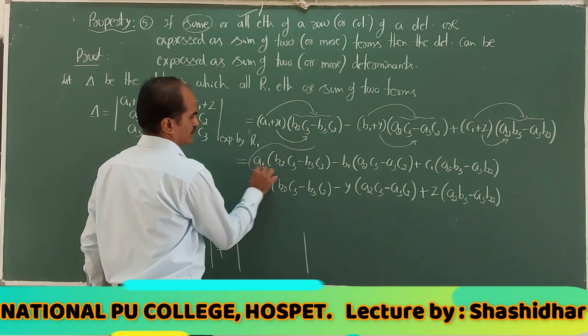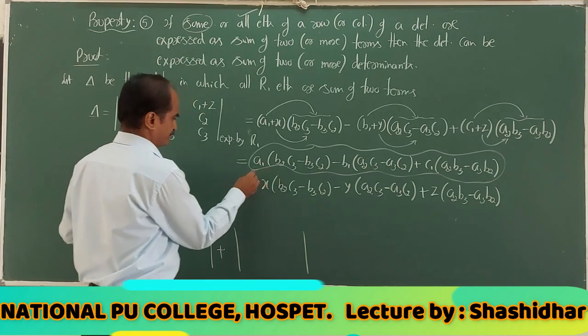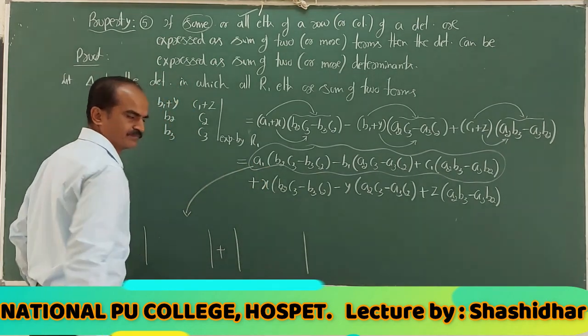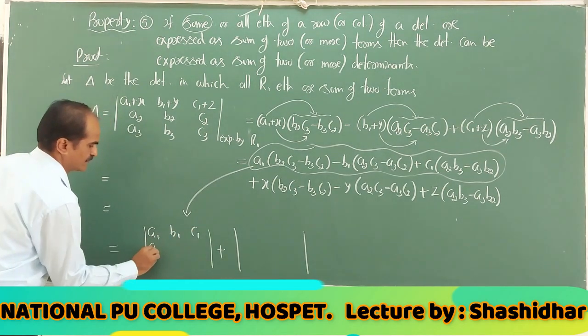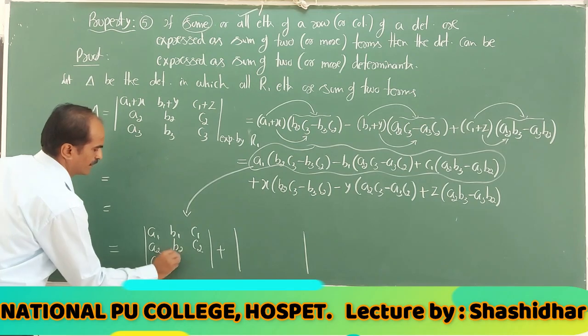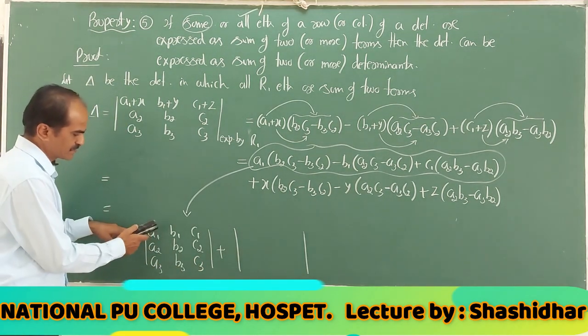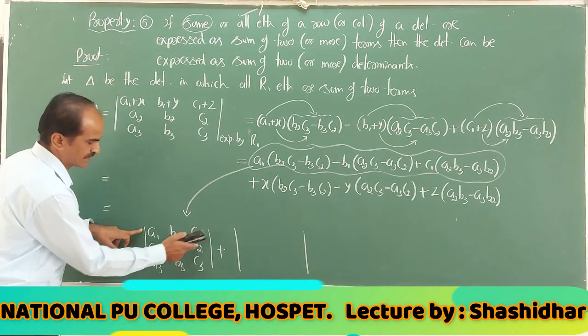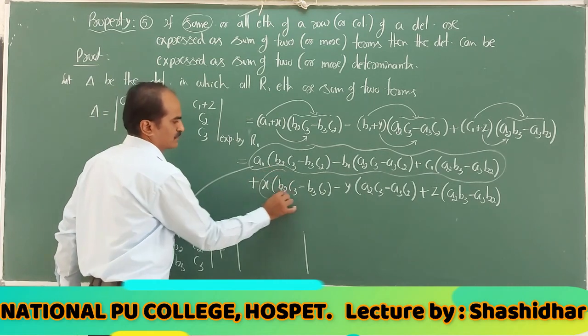Now what can you write this expression as? A determinant whose first row elements are A1, B1, C1, second row A2, B2, C2, third row A3, B3, C3. You can check. Expand by first row, A1 into B2 C3 minus B3 C2, etc. What about this expression now?